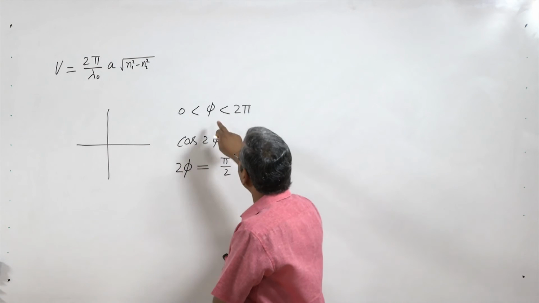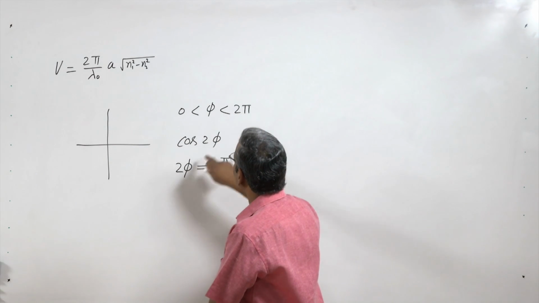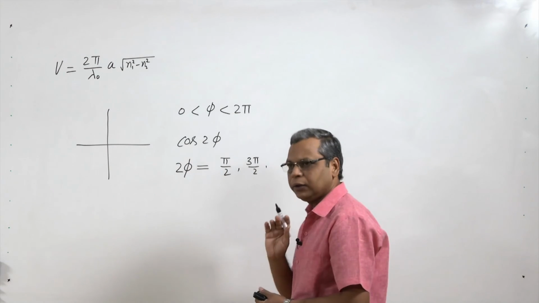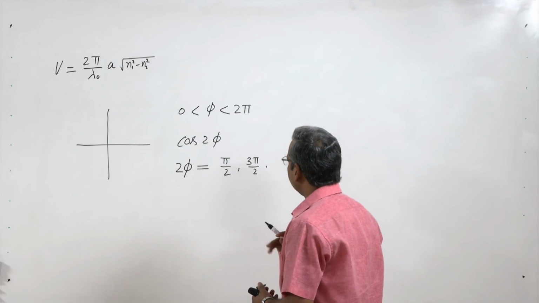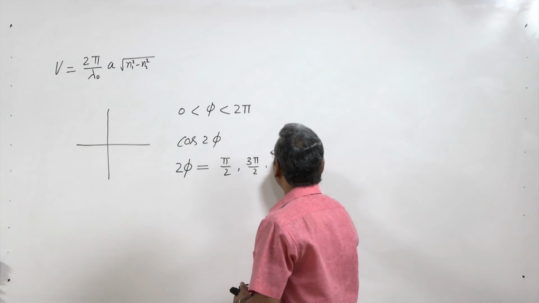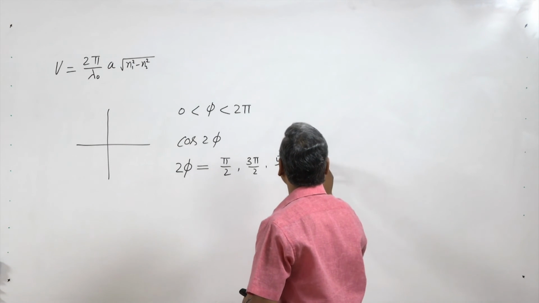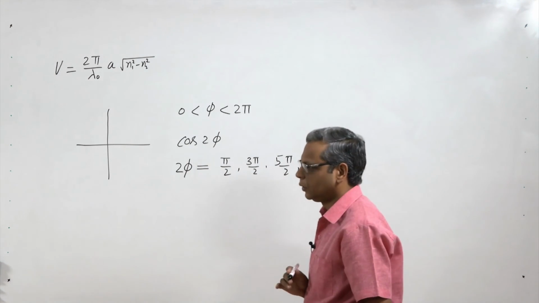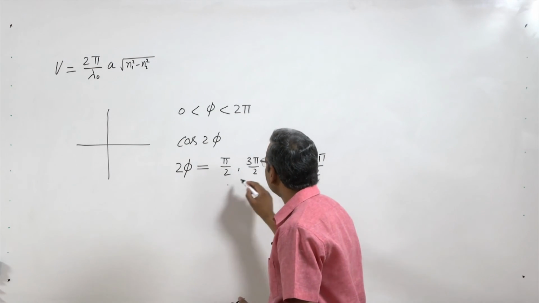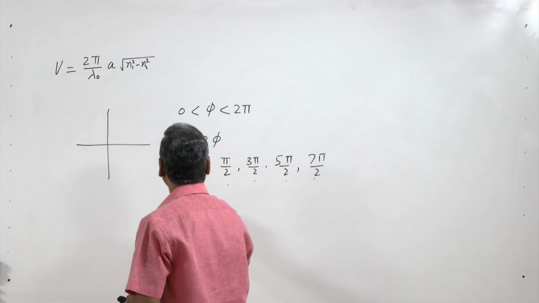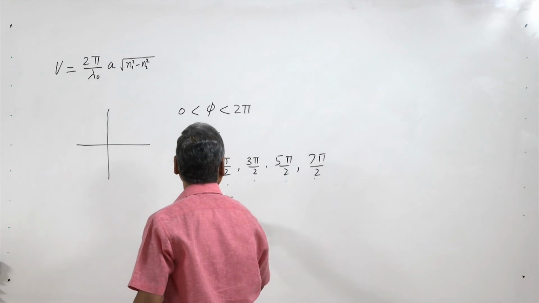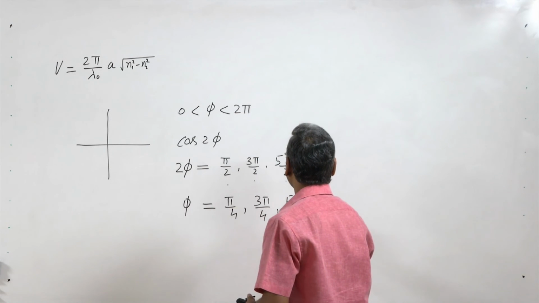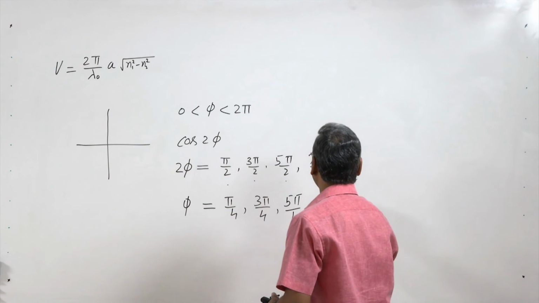You stop because phi goes up to 2 pi, then 2 phi will go up to 4 pi. So, until you reach 4 pi, you do not stop. So, 3 pi by 2, 5 pi by 2, and then 7 pi by 2. After that it would be 9 pi by 2, which is more than 4 pi. So, you stop here. So, these 4 zeros would be located at phi is equal to pi by 4, 3 pi by 4, 5 pi by 4 and 7 pi by 4.